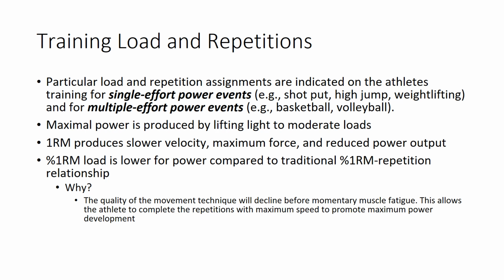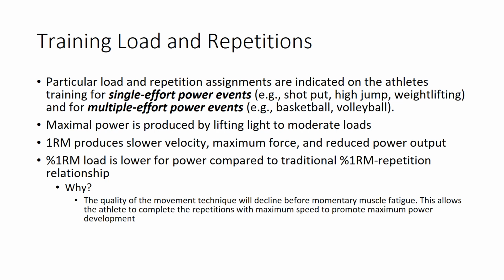But for individuals who have multiple maximum power efforts, such as volleyball players, you may be prescribing 3 to 5 repetitions per set with a load between 75 to 85% of their 1RM, which is maybe most appropriate.